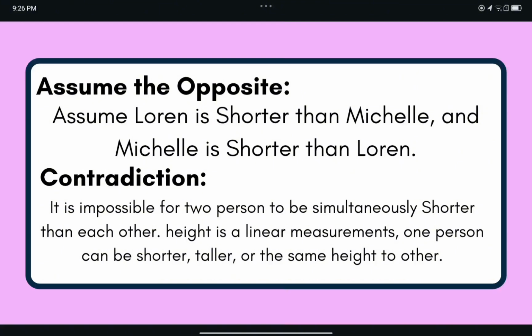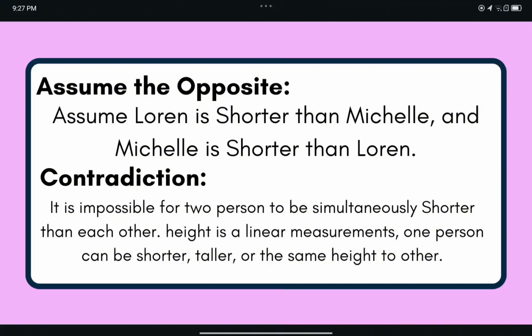The contradiction of this is, it is impossible for two persons to be simultaneously shorter than each other. Height is a linear measurement. One person can be shorter, taller, or the same height as others. So, the contradiction of this is, it is impossible that the two persons, or yung dalawang tao, have the same height.